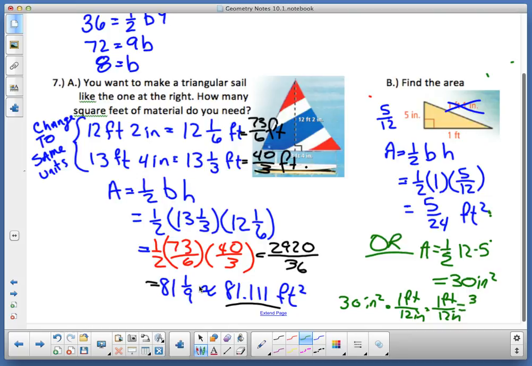This is 30 over 144, which, if I divide by 6, would just reduce to 5/24 feet squared. So 30 inches squared is the same as 5/24 feet squared, and I don't know why I wrote 25ths, it's actually 24ths, and we've got that nailed, so that's how they're related.